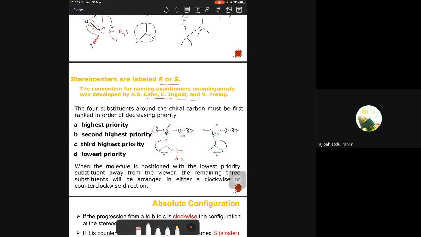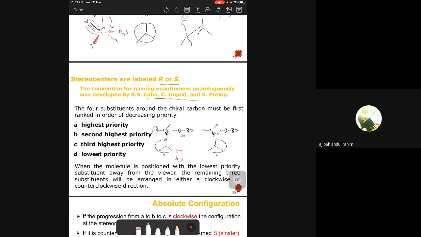So if you have A, B, and C, and it rotates to the left like this, anti-clockwise, it will be considered as S. Take note that the A doesn't have to be always on top.